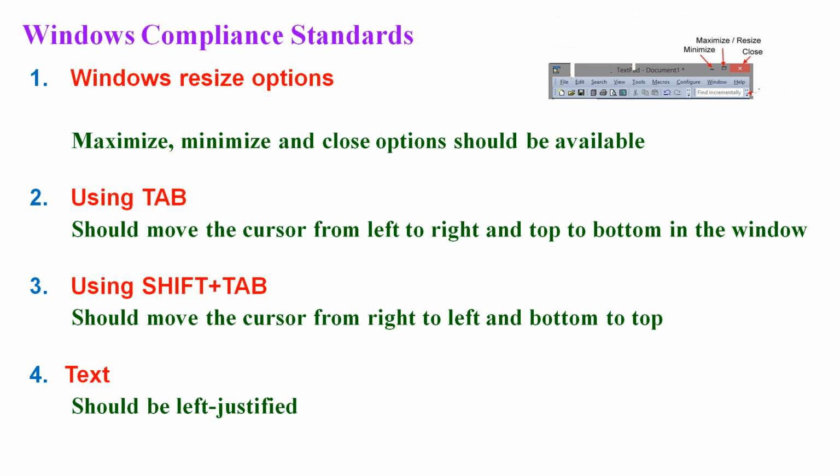If your client specifies that the text should be right justified or centered, if and only if he specifies, then the window should be designed according to the client requirement. Otherwise, according to the Windows compliance standards, the text should be left justified. That we have to test, right?